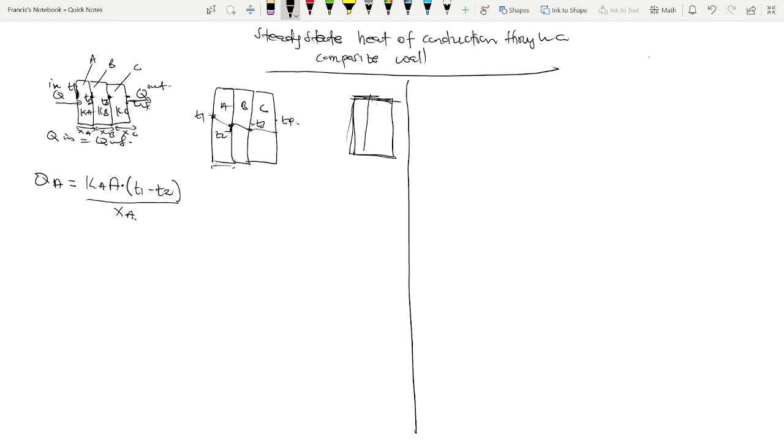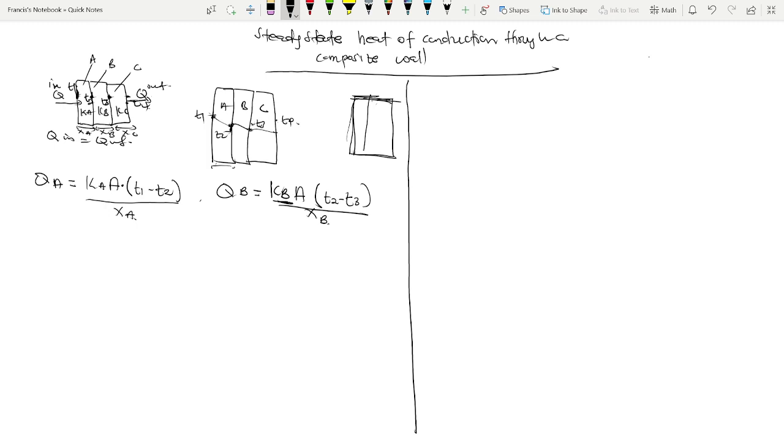So area A, and then when you're talking of QB, the heat transfer through wall B is going to be our KB, our A, the same area, T2 minus T3 all over XB. We are using KB because they are made up of different materials, even though the areas are the same.